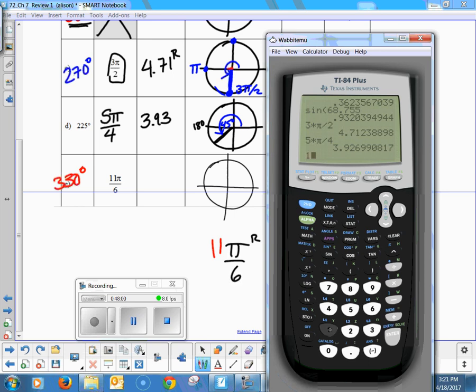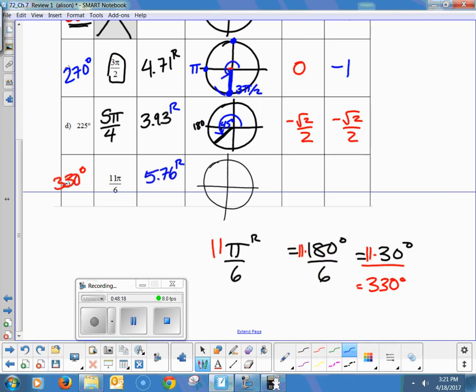We'll change it to a decimal. What is 11 times pi divided by 6? Enter. 5.7595 radians. How about 5.76 radians? Okay. And now we want to find the sine and the cosine there. I need to draw it. It's actually 330 degrees is 30 degrees down here.